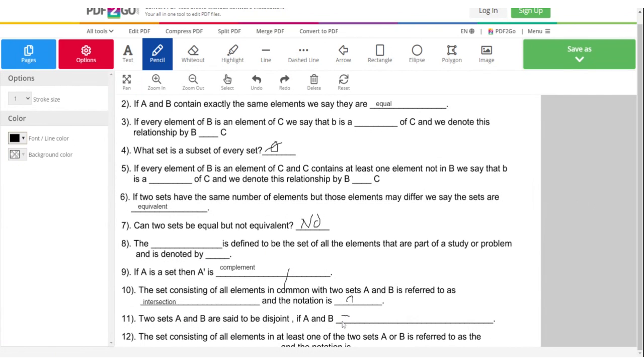Two sets are said to be disjoint or mutually exclusive if the number of elements in A intersect B is equal to 0.